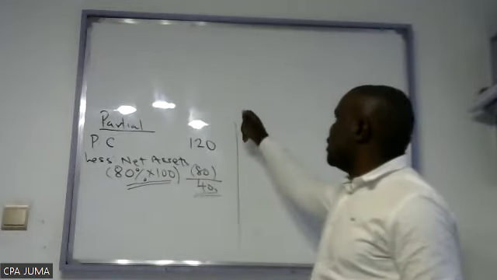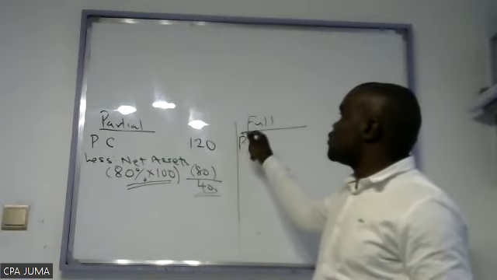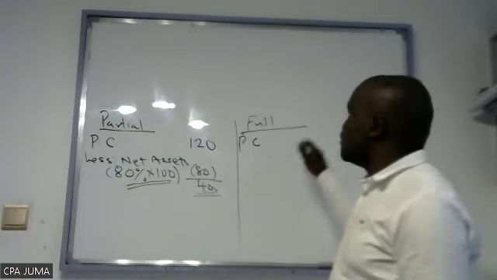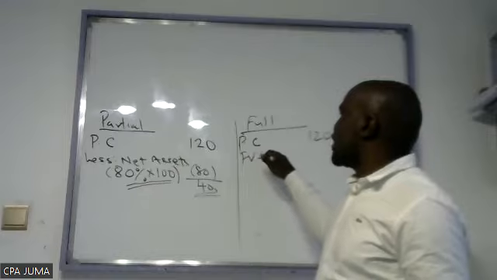Then if it is full, full means bring the purchase consideration of the parent, which is 120. Then you bring the fair value of the noisemakers.